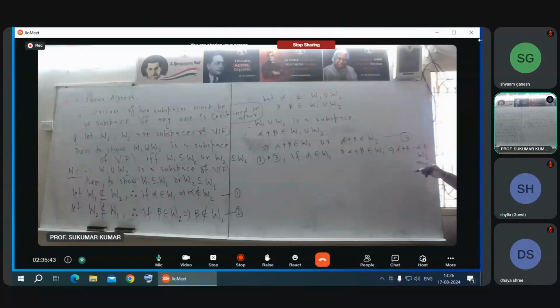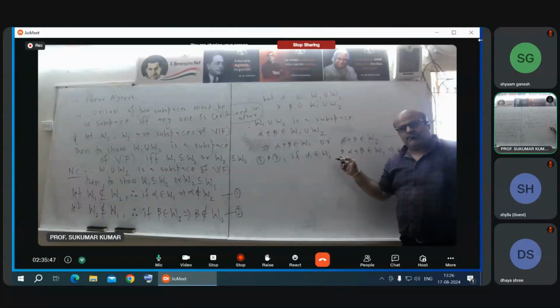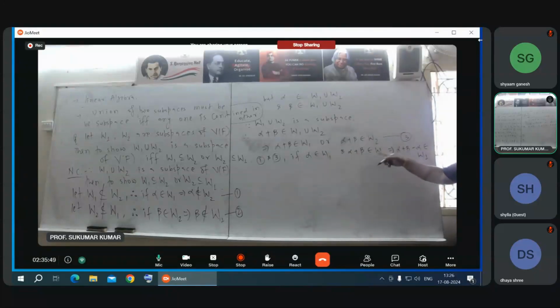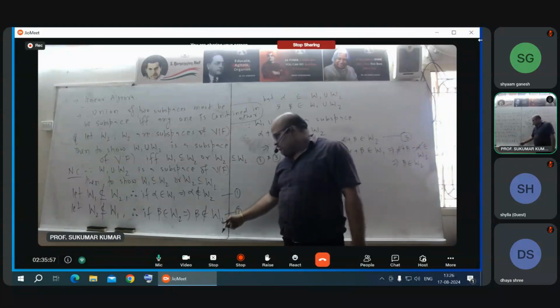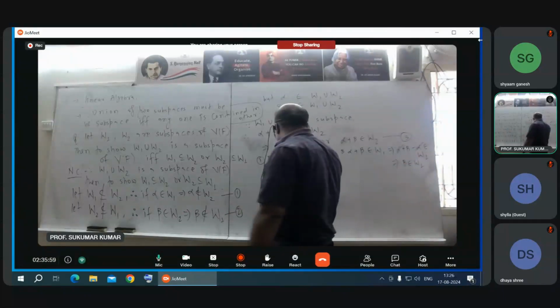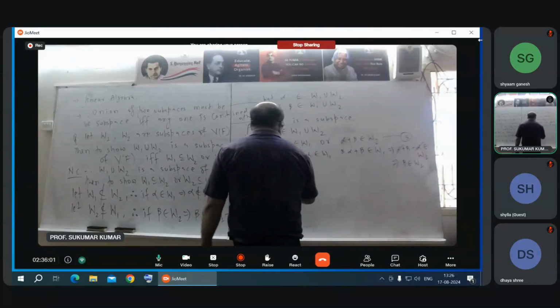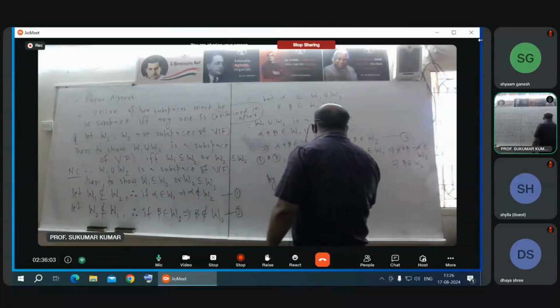Closure law and inverse are both used. Alpha belongs to W1 means minus alpha belongs to W1. Minus alpha plus beta belongs to W1. Minus alpha plus alpha cancel, so beta belongs to W1. But beta does not belong to W1. So by equation 2, this is a contradiction.